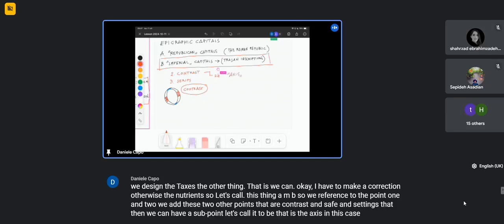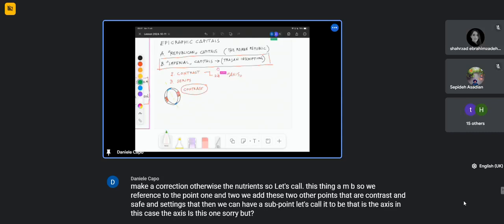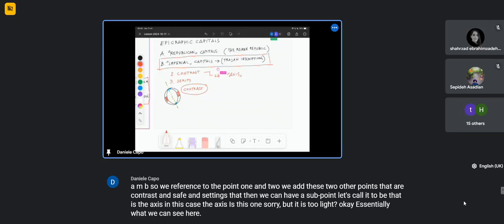In this case, the axis is this one. Sorry, but it is too light. Okay. Essentially, what we can see here is this fact.